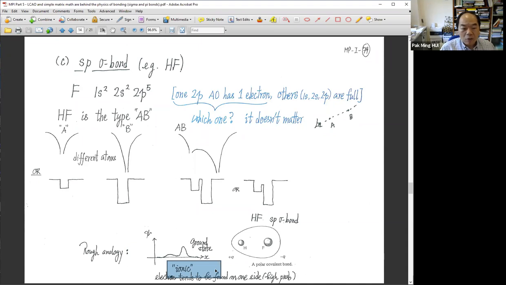The electron will more likely go to one side than the other. They start with being neutral atoms. And if the electrons on this side want to go to the other side, the fluorine will become a fluorine minus, and that is what you call ionic bond at the end. But in the quantum mechanical sense, it is just the result of a quantum mechanical calculation.